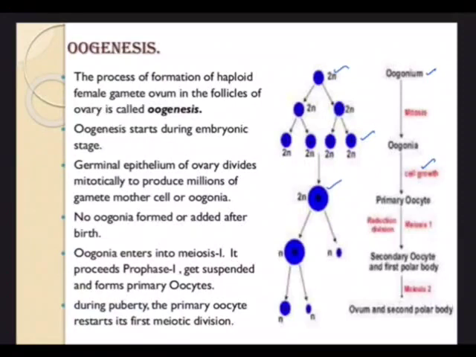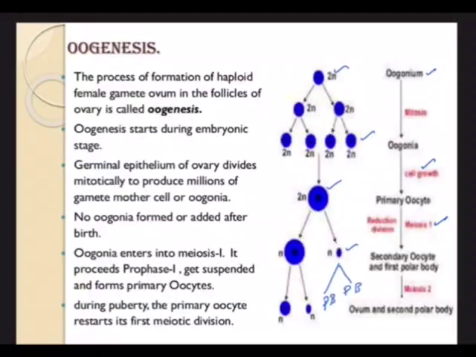This now undergoes meiosis 1, that is reduction division, as I told you. So the primary oocyte forms a secondary oocyte and one polar body, the first polar body. The first polar body will further undergo division and form two more polar bodies.